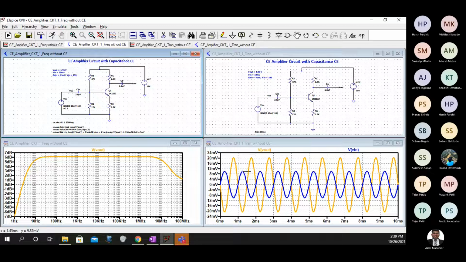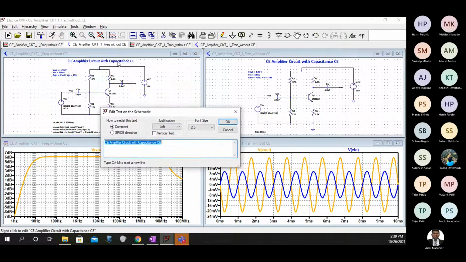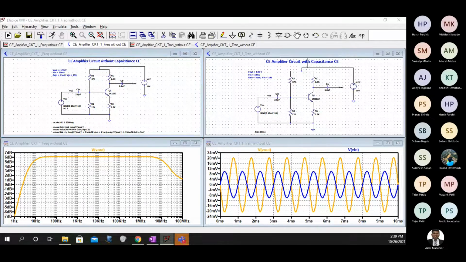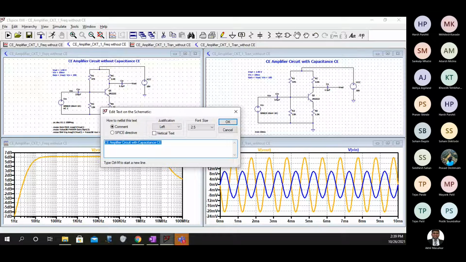So the gain drastically reduced when you did that. So now I want to see these 4 outputs, that is without CE. And we have done this in class, so this is called degenerative feedback.